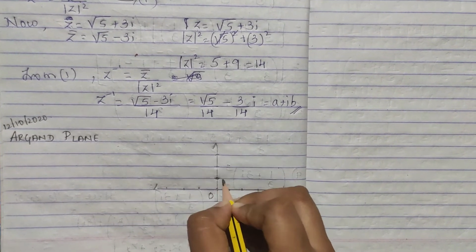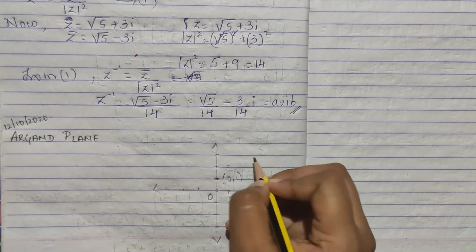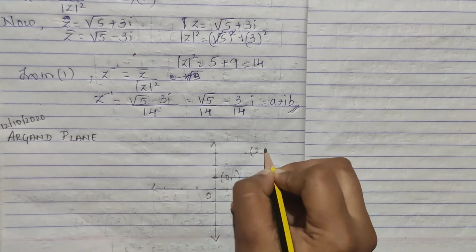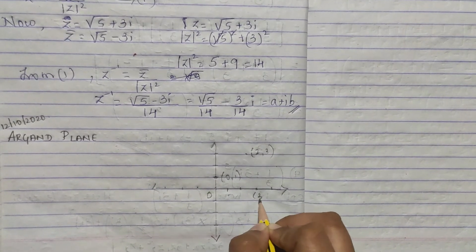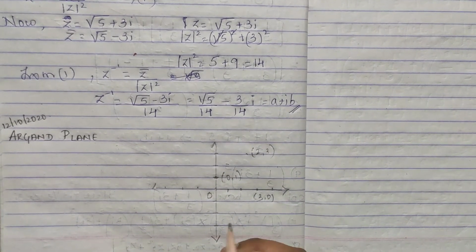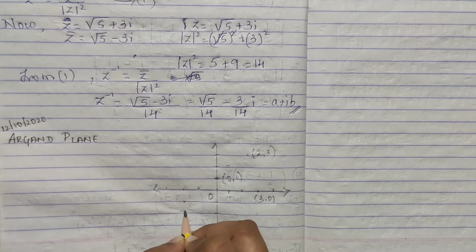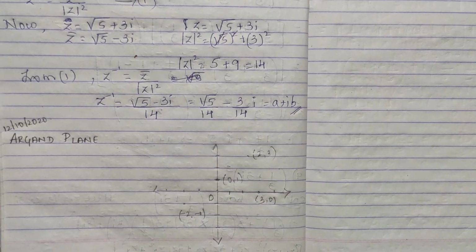Now suppose you have a point here (0, 1). Here you have, suppose, (2, 3). Here you get (3, 0). Somewhere here you have the point (-2, -1).